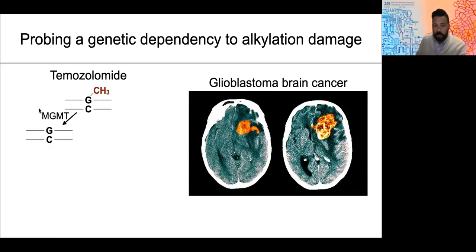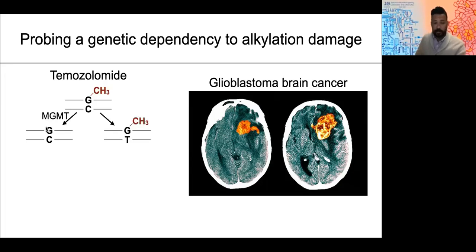However, if a protein called MGMT, methylguanine methyltransferase, is expressed, this protein can efficiently reverse this damage and give rise to the normal GC base pair. So you can imagine that if we need this lesion to be around in order to get toxicity from this compound, this is a way that cells can become resistant. However, MGMT is methylated and epigenetically silenced in about half of all glioblastoma, including the cells that we did our proof of concept experiment in.